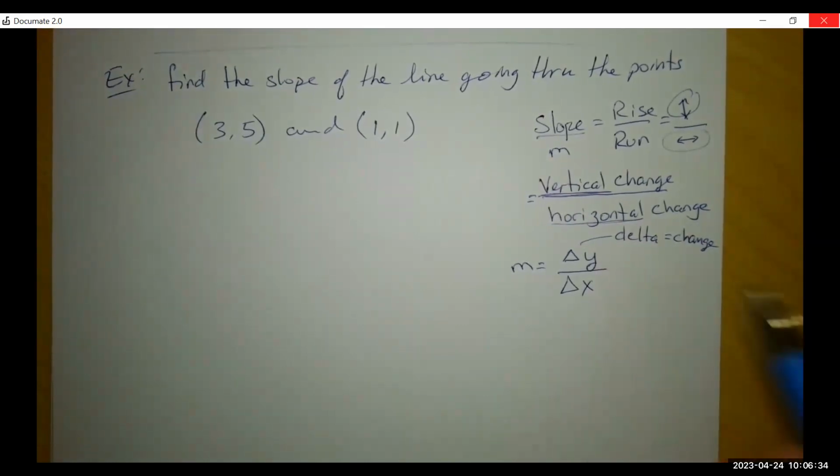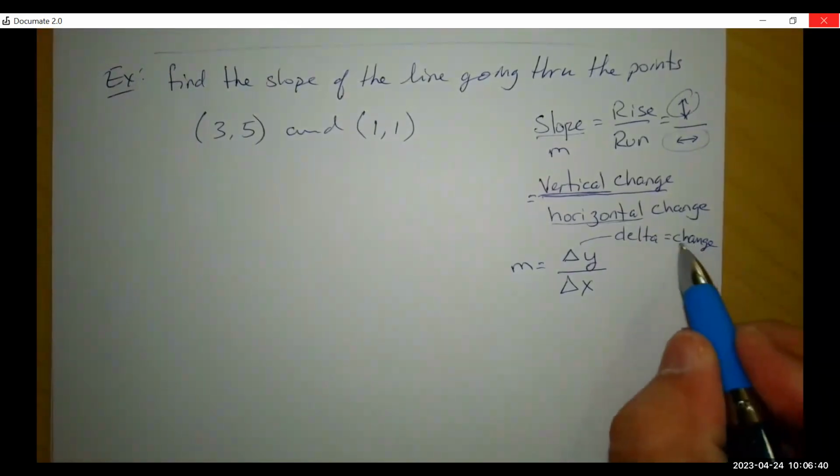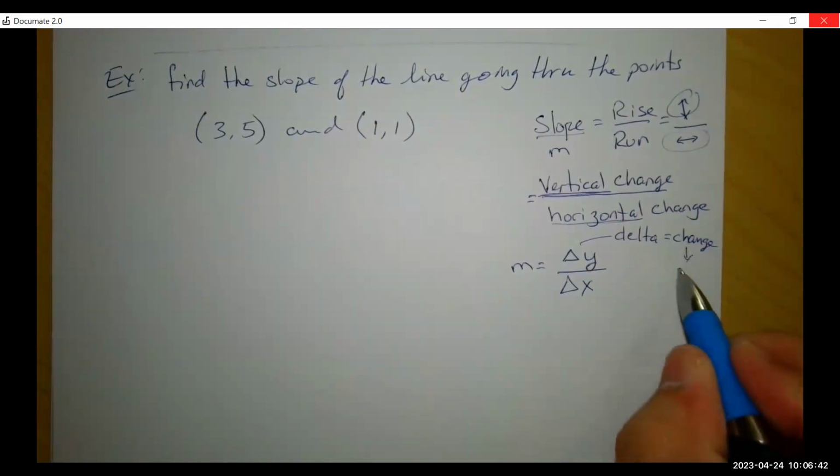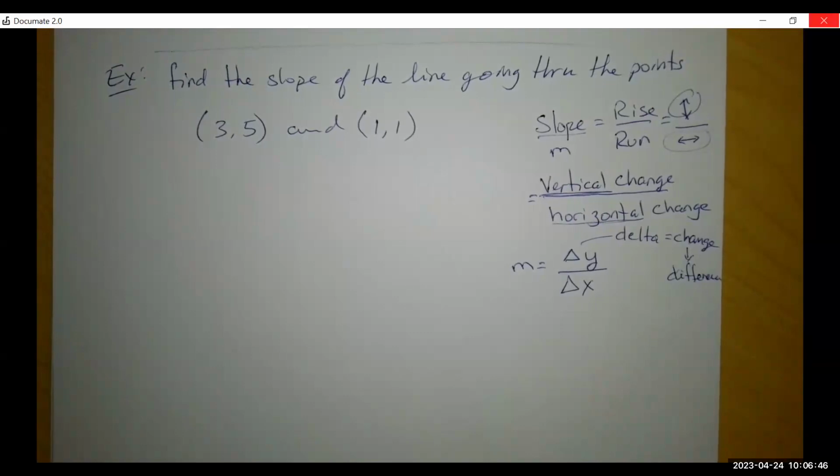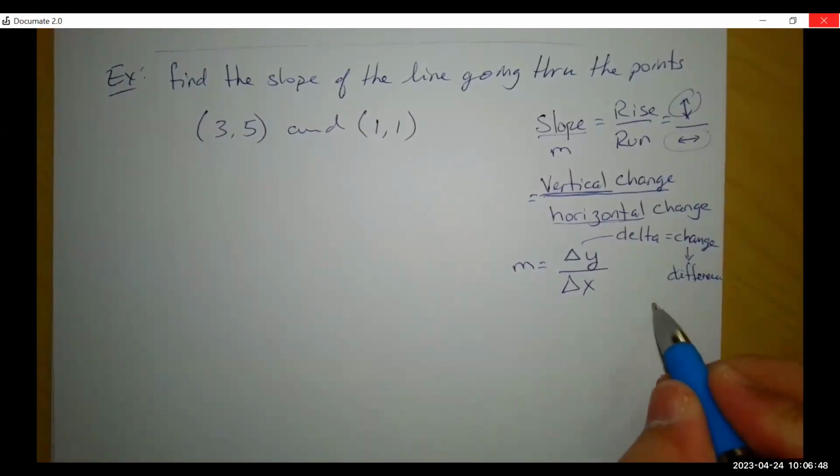How do you find the difference between two vertical points or two horizontal points? Change means the difference. So what's the difference between 2 and 9? How far are they apart?